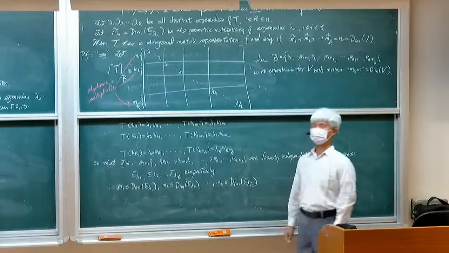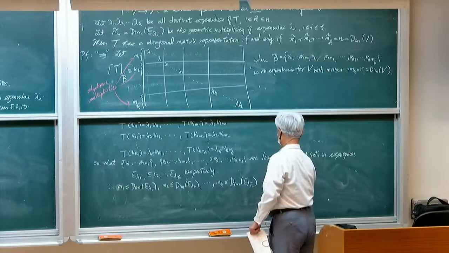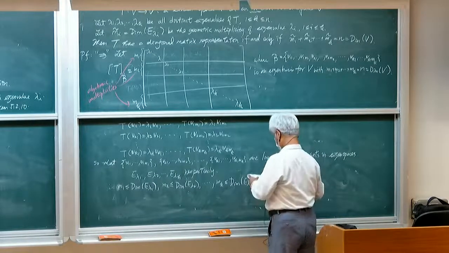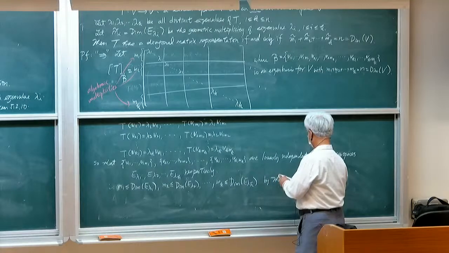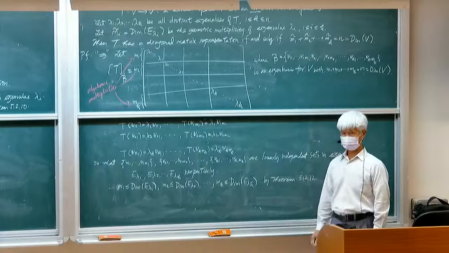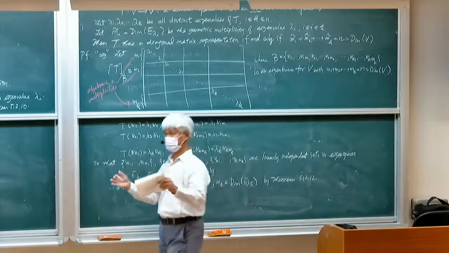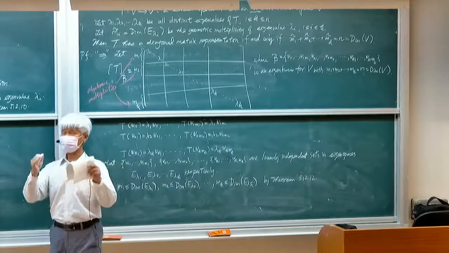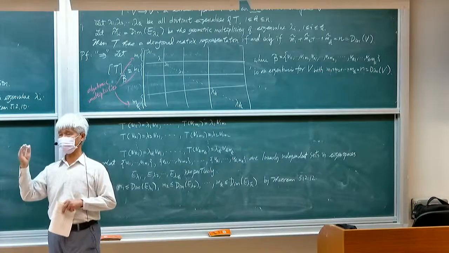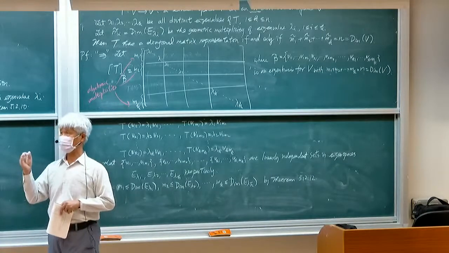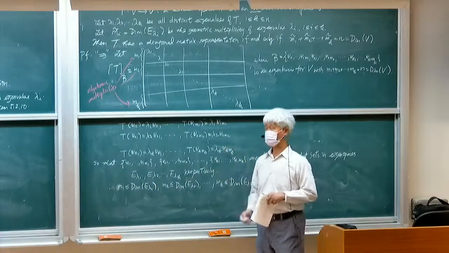We have that by theorem 5.2.12. If a finite dimensional vector space has a linearly independent set of size k, then the dimension will be greater than or equal to k.